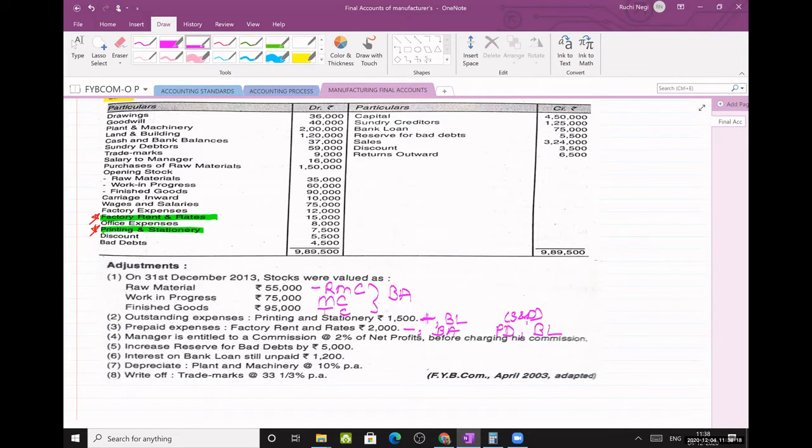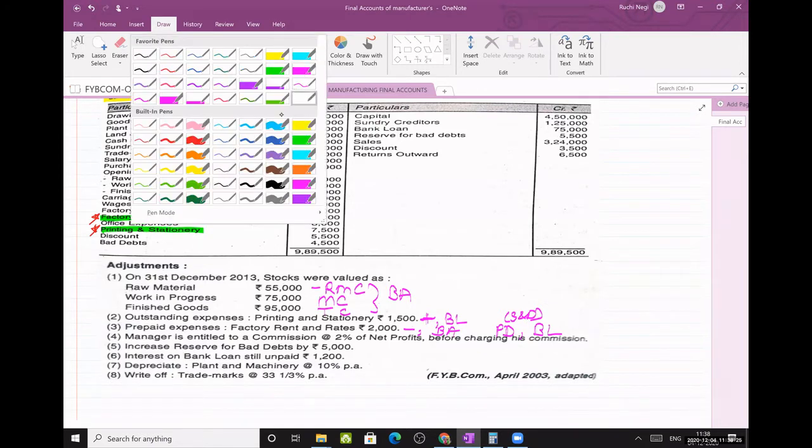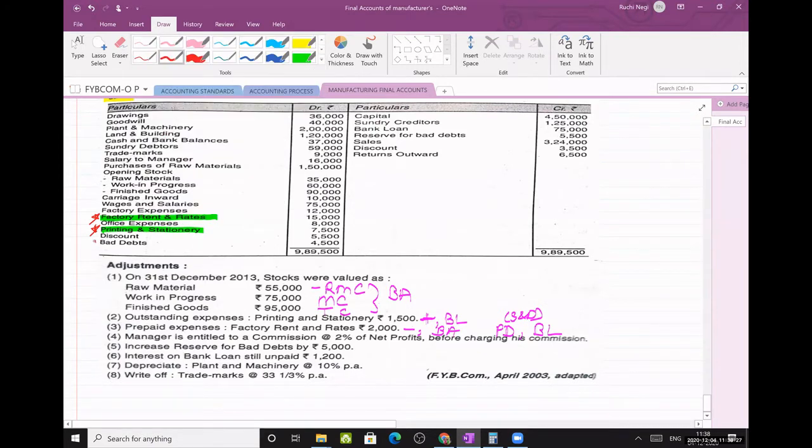Then increase reserve for bad debts by 5,000. So we know we are going to use that formula of bad debts. It is having an adjustment, put a star mark, and debtors are also having an adjustment, put a star mark. So I'm putting green to debtors and bad debts because they are having adjustments. Even this one, reserve for bad debts, will also come in the formula. Obviously, yes.